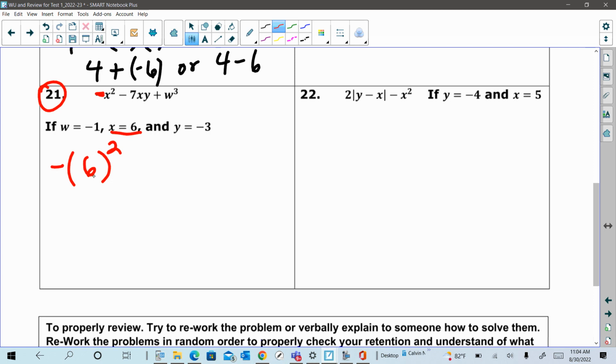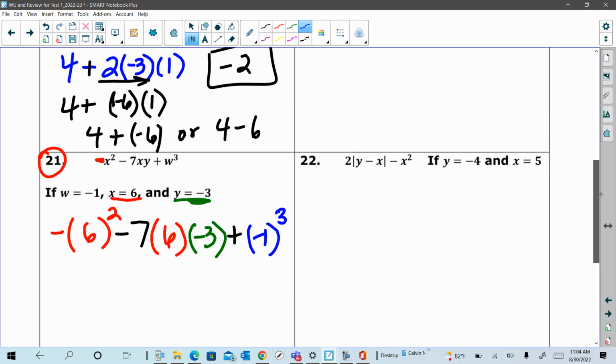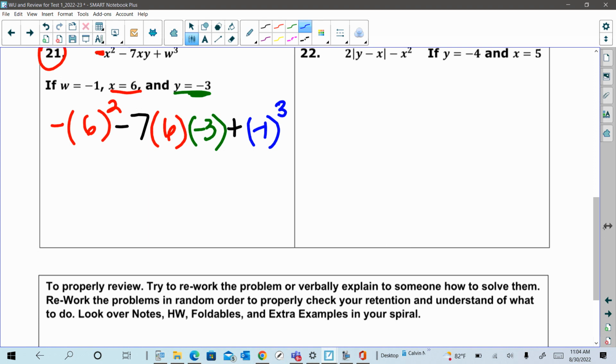Inside the parentheses is the 6, which was the value of x, to the second power. Then we're going to do minus 7, and then parentheses x again. Remember, your x was 6. So parentheses 6, then the y, which is now negative 3. So parentheses negative 3, because this one is a negative. And then plus w cubed, which was a negative 1 cubed. Sorry for the delay.